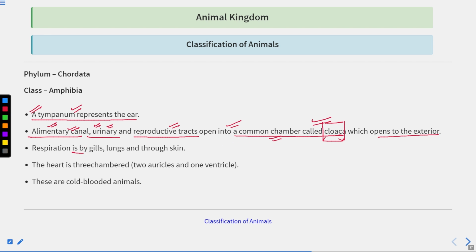Respiration takes place by gills, lungs, and through the skin. Very, very important. When the frog is in the larval stage, it respires with the help of gills. Okay. But when it changes to adult, the gills disappear and they are having the well-developed lungs. So it respires through the lungs.